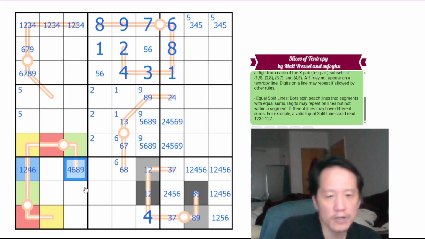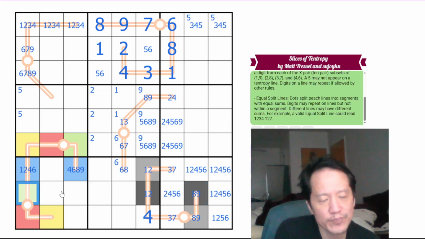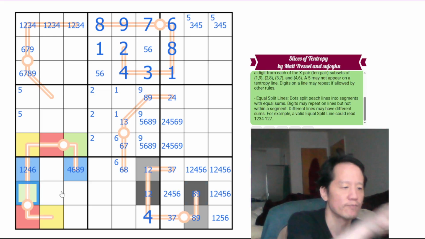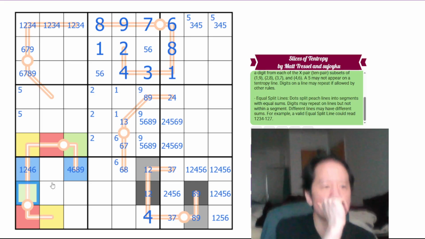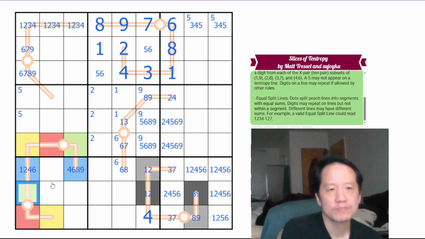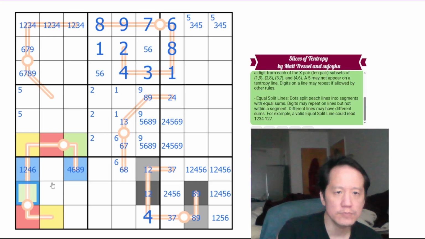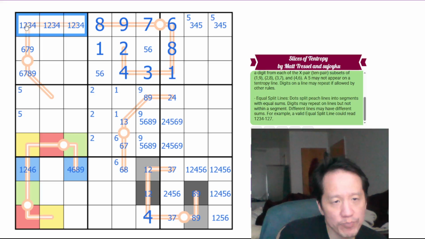The green cannot be the same as the dark cell, but that doesn't really tell us much. Okay, what are the possible combinations here? 1, 2, 3, and 6, adding up to 12.